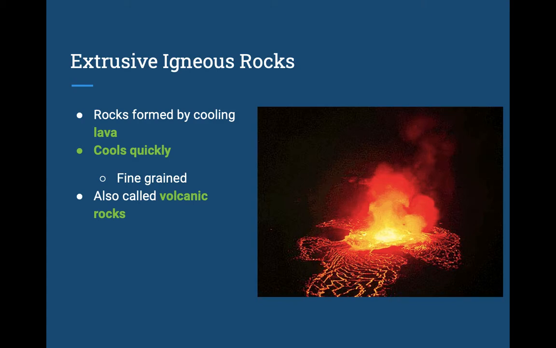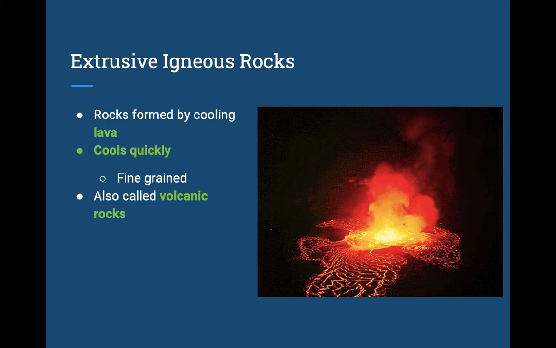And so this faster cooling produces fine-grained rocks or small crystal sizes or grain sizes in the rocks themselves. All the elements in here that could slowly form and join together and have these distinct crystalline shapes, they don't have time to do that. So they quickly form. So we have much smaller grain sizes, and these rocks just kind of look more consistent throughout. Again, I'll give some examples of that.